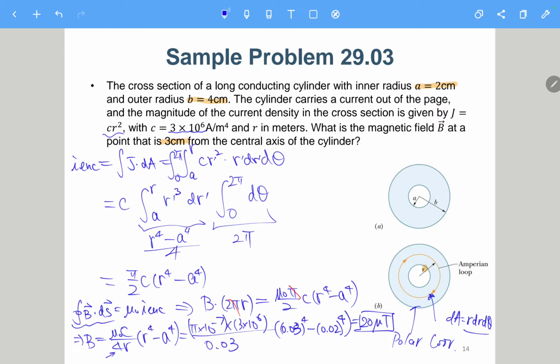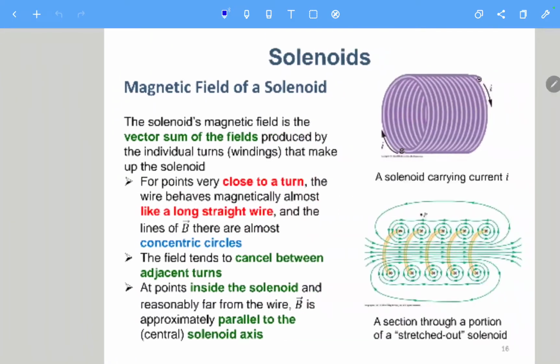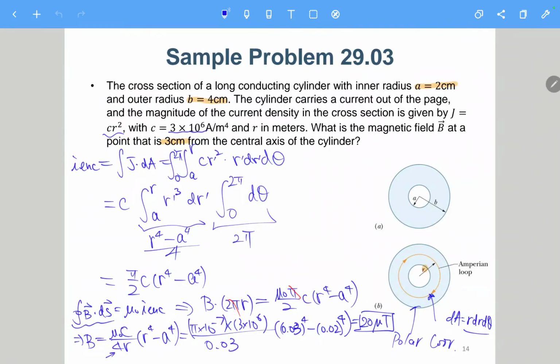And then we also need to determine the direction of the B field. So let's see. Here it says the cylinder carries a current out of the page.